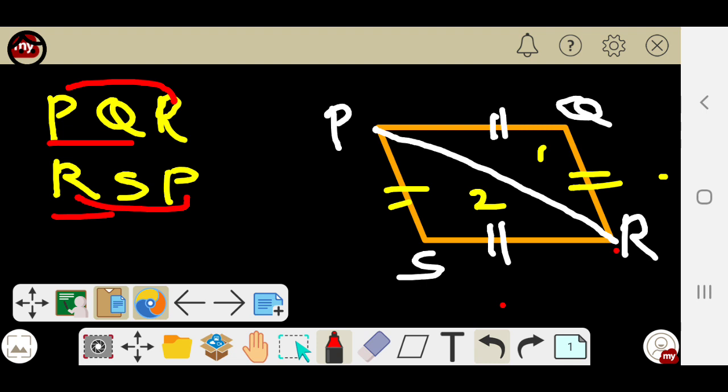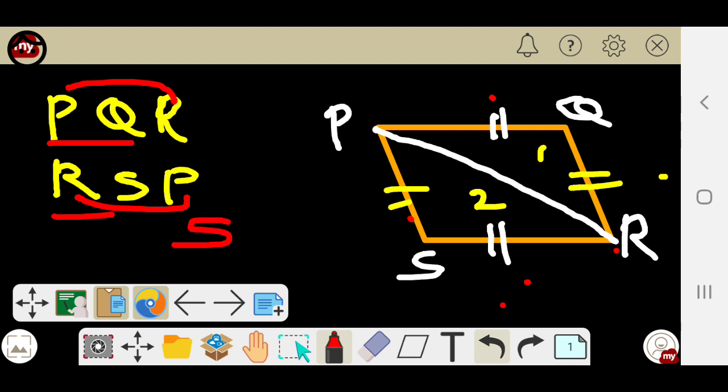Here two pairs of opposite sides are equal, PQ equals RS, and PR equals RP, that is the same one, a common side. Not only that, it is given that PS equals QR. So by the SSS congruence rule, three sides of one triangle are equal to three sides of another triangle.